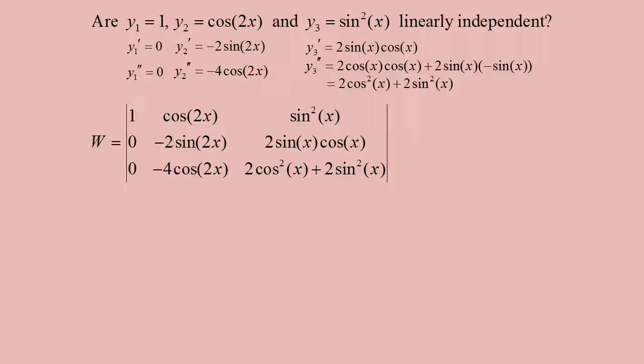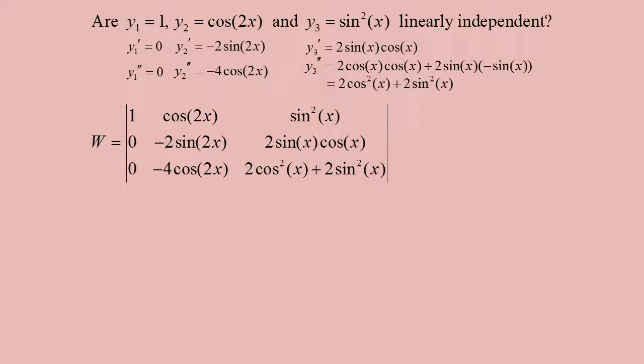We'll have the function y1 along with its derivatives. We'll have the function y2 along with its derivatives. And then we'll have the function y3 along with its derivatives, first and second in that order.